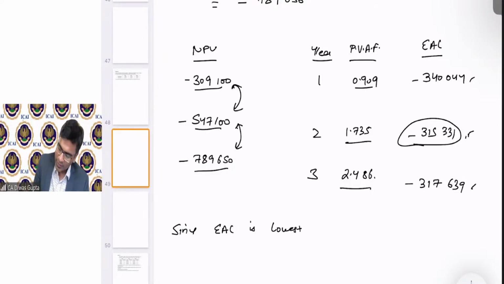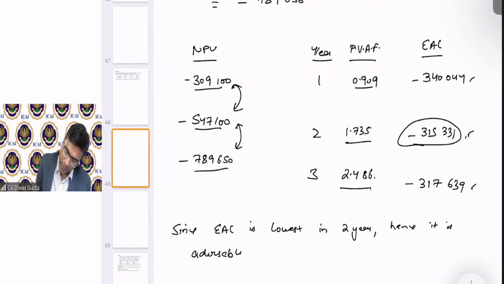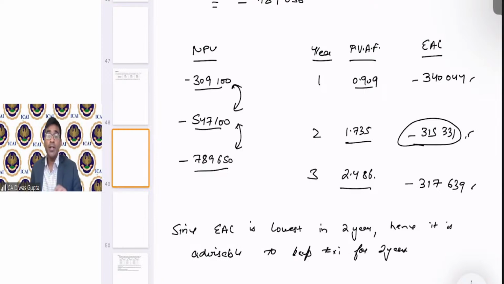Since EAC is lowest in 2 years, hence it is advisable to keep the taxi for 2 years. Although students, if you see, the highest negative was coming in 3 years, which is minus 789,650. Hence, we were saying that you can't really compare the NPVs of the different years.